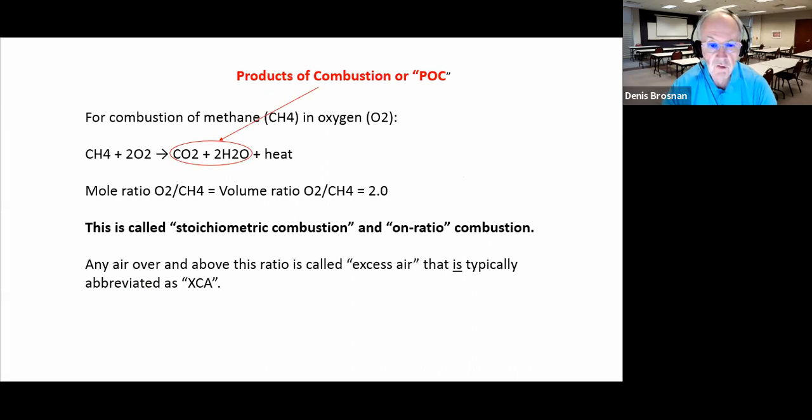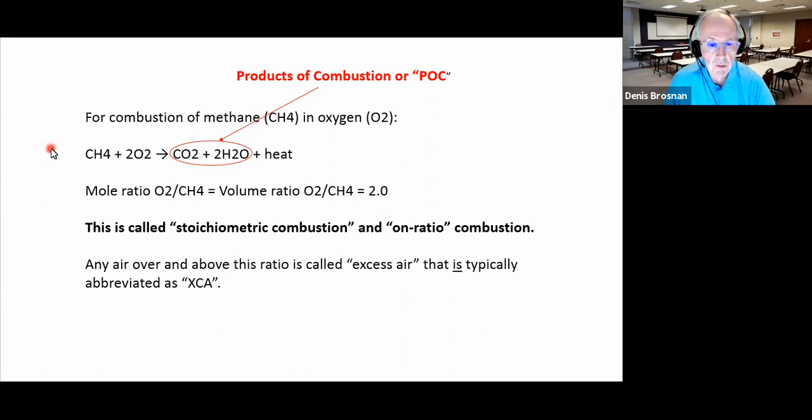But nevertheless, let's talk about using oxygen, O2, the diatomic molecule, pure oxygen, to burn methane. And so you can see the chemical reaction in the slide: CH4 plus 2 O2, that's 1 mole of methane to 2 moles of oxygen, produces 1 mole of carbon dioxide and 2 moles of water plus heat.